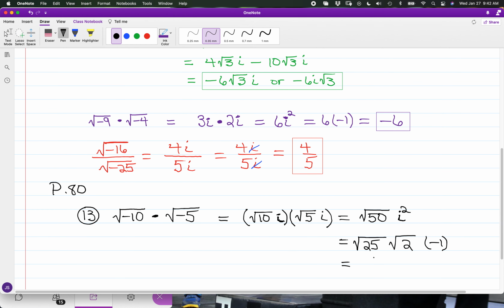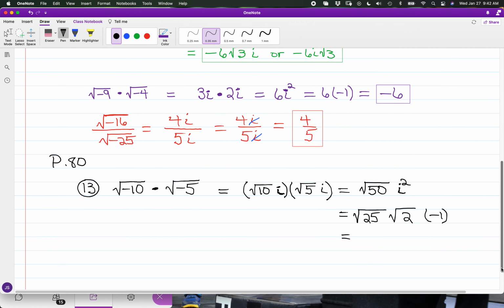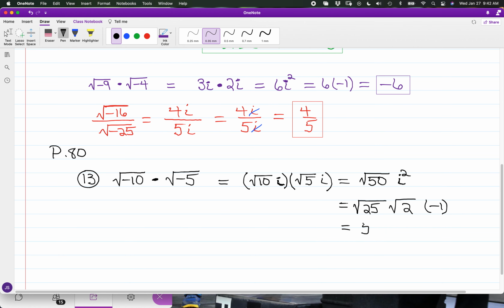The square root of 25 is 5, and we have times the square root of 2 times negative 1. At this step we could have already displayed the final result: 5 times the square root of 2, which is the reduced radical form of the square root of 50, times i squared, which is negative 1, and we have the final output in exact terms to be negative 5 times the square root of 2.